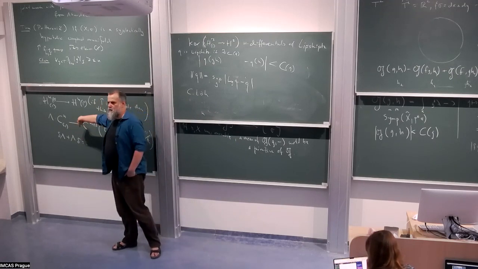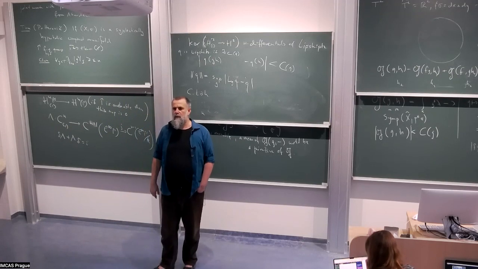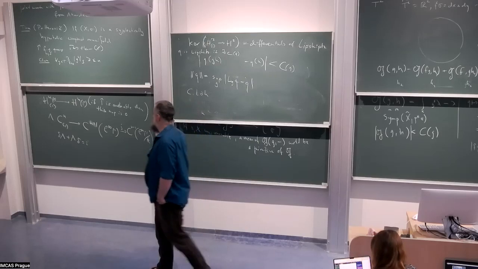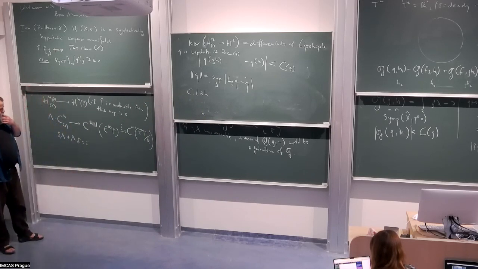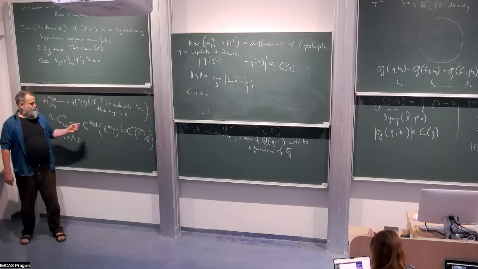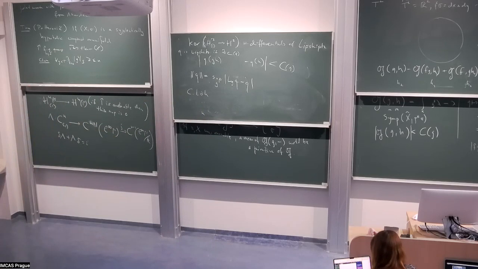So on the level of chains, you have equality. Here somehow you're losing a little, which doesn't matter when you pass to homologies. This lambda is an isomorphism.